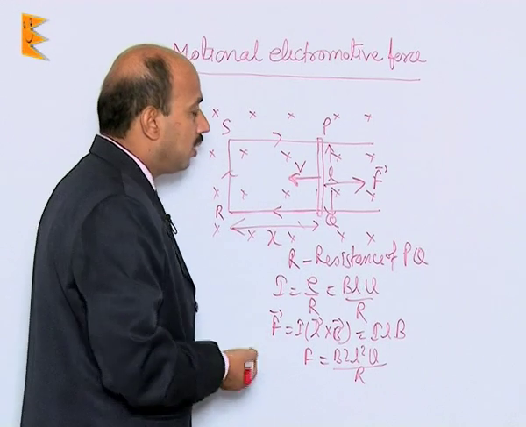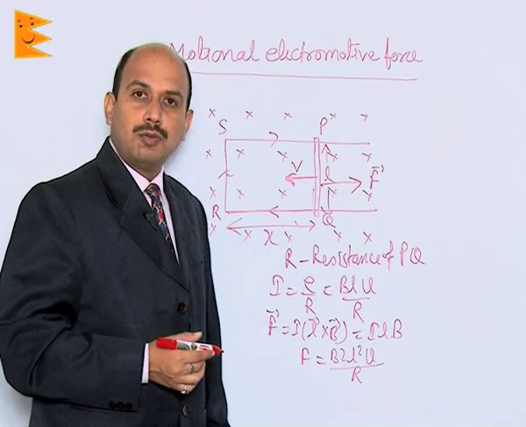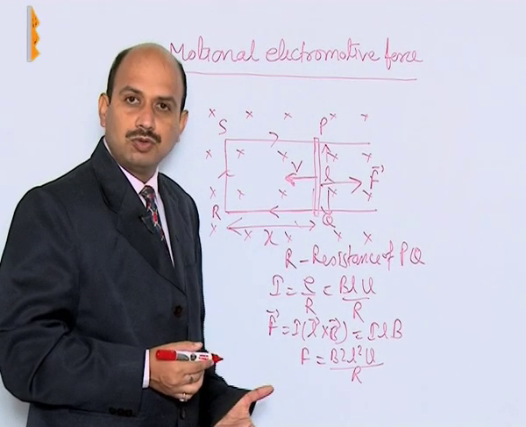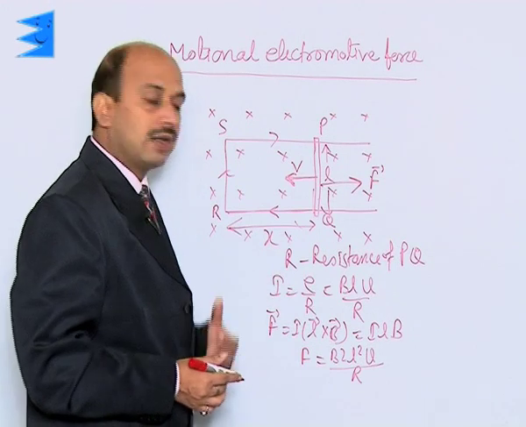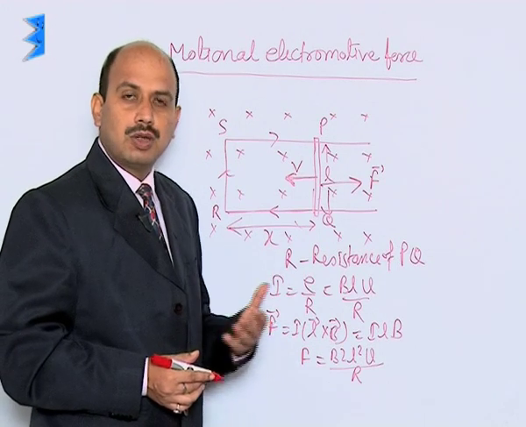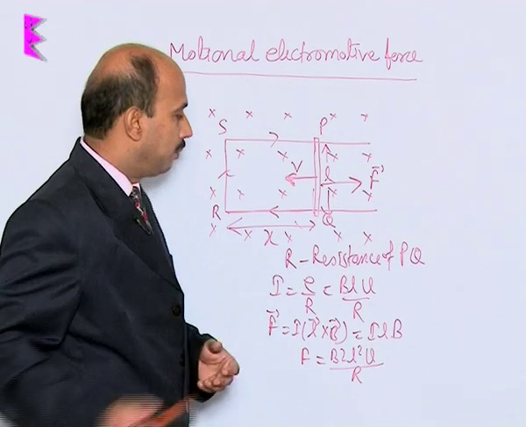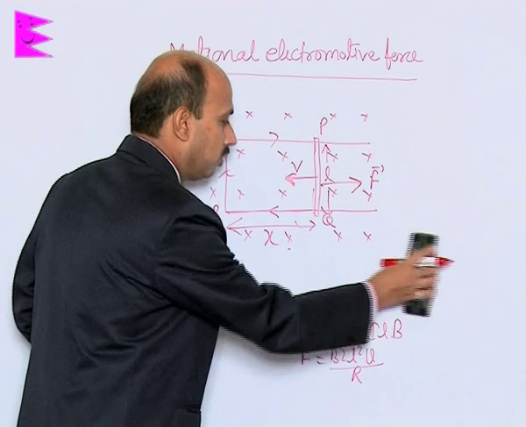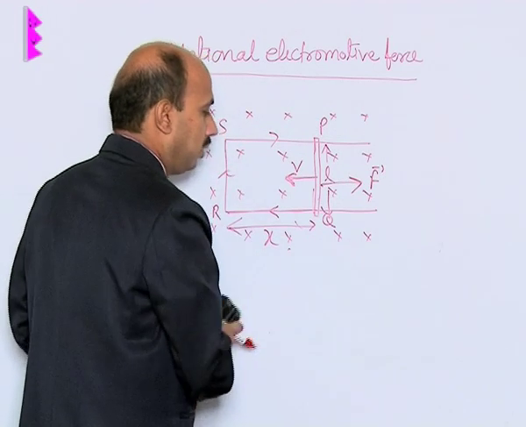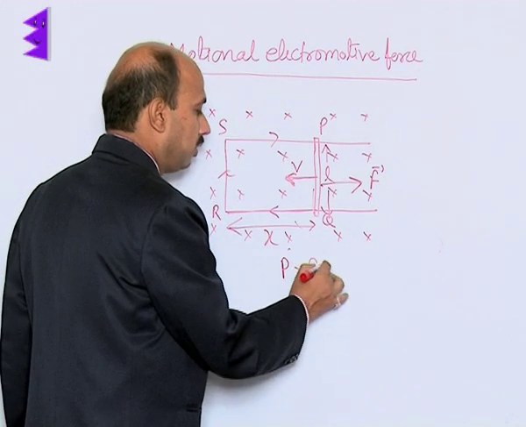Also, energy is dissipated, because some work is done against this force, and whatever work is done we can also calculate, which is actually the power. We know power is equal to force into velocity.